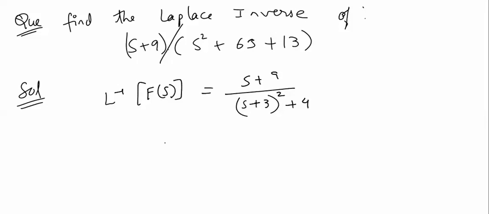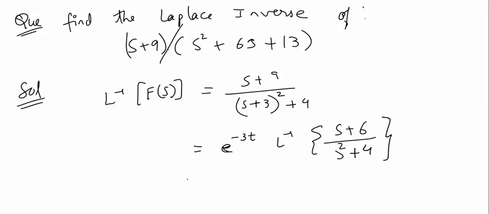So I can take out e raised to minus 3t, and this is Laplace inverse of s plus 6 upon s square plus 4. Directly we can say it is e raised to minus 3t.